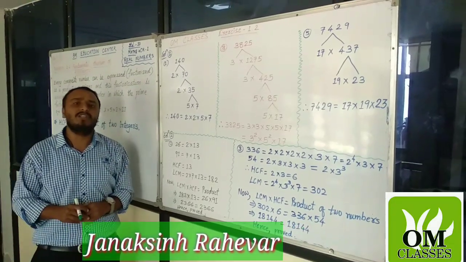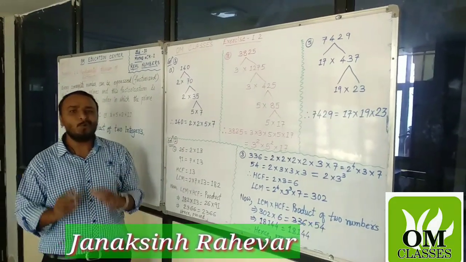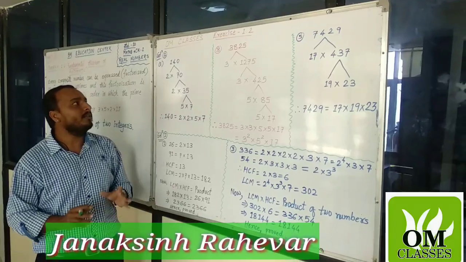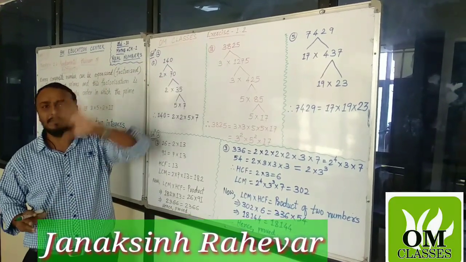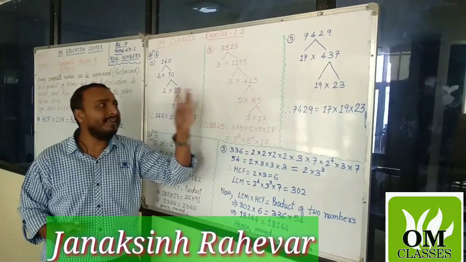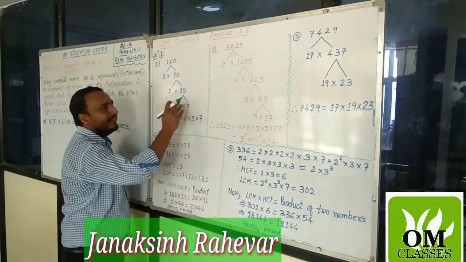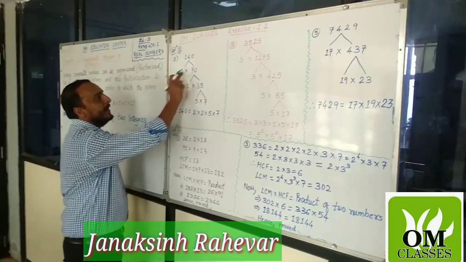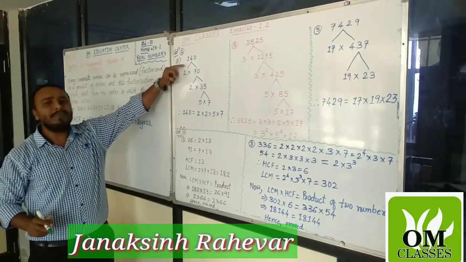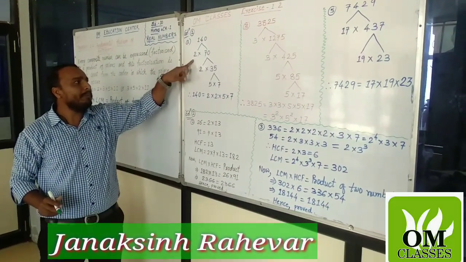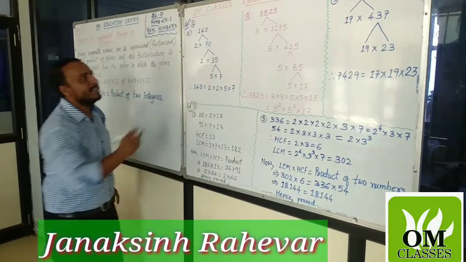Now in the first question, what is the question? Use the factor tree method to find the prime factors of these numbers. There are a total of 5 numbers, but I have solved only 3. This is called a factor tree. It's like a tree and you have to find the factors. The first number is 140. If you divide by 2, you get 70.